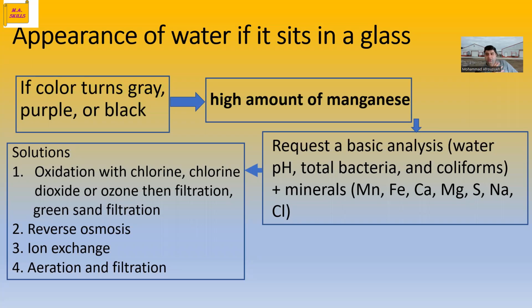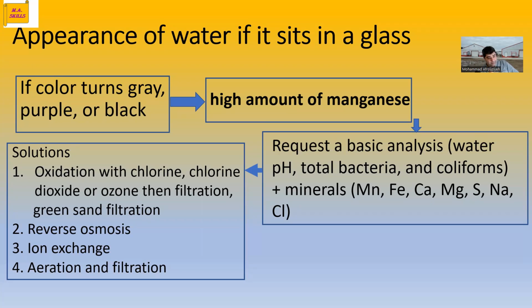If the color of your water turns gray, purple, or black, it shows that your water might have a high amount of manganese. Then you need to request a basic analysis and also a mineral analysis, and specifically ask the lab to measure manganese in your water.